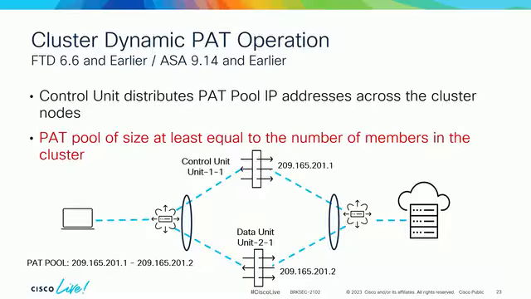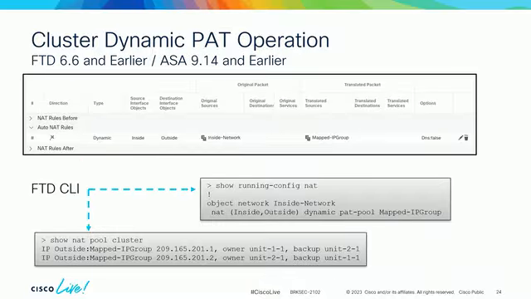The way we configure dynamic PAT is exactly the same as we have discussed. And we can use the command show nat pool cluster to see which IP address is owned per unit in the cluster. And we can also see here the backup unit of that IP address.